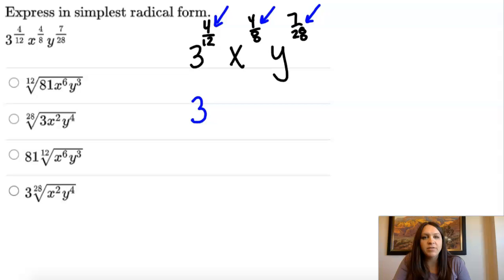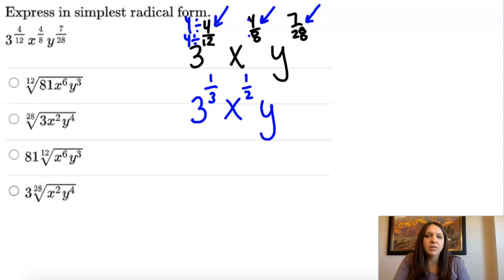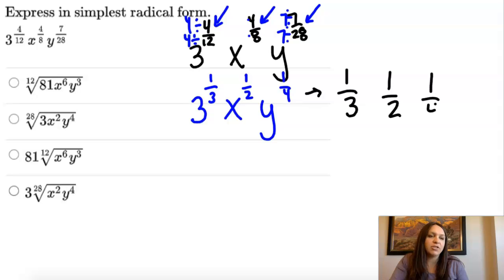So 4/12 becomes, these both divide by 4, 1/3. 4/8 is 1/2. And then these both divide by 7, so that becomes 1/4. So once I get these all reduced, then I'm going to do what we did last time. I'm going to take just the fractions, and I want a common denominator.